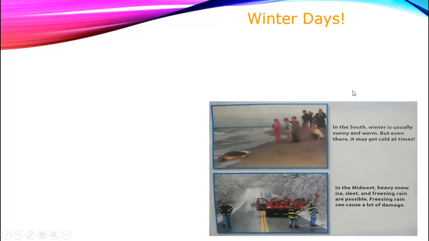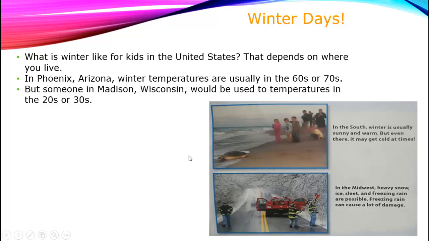What is winter like for kids in the United States? That depends on where they live. For example, in Phoenix, Arizona, winter temperatures are usually in the 60s or 70s Fahrenheit, but someone in Madison, Wisconsin would be used to temperatures in the 20s or 30s Fahrenheit.